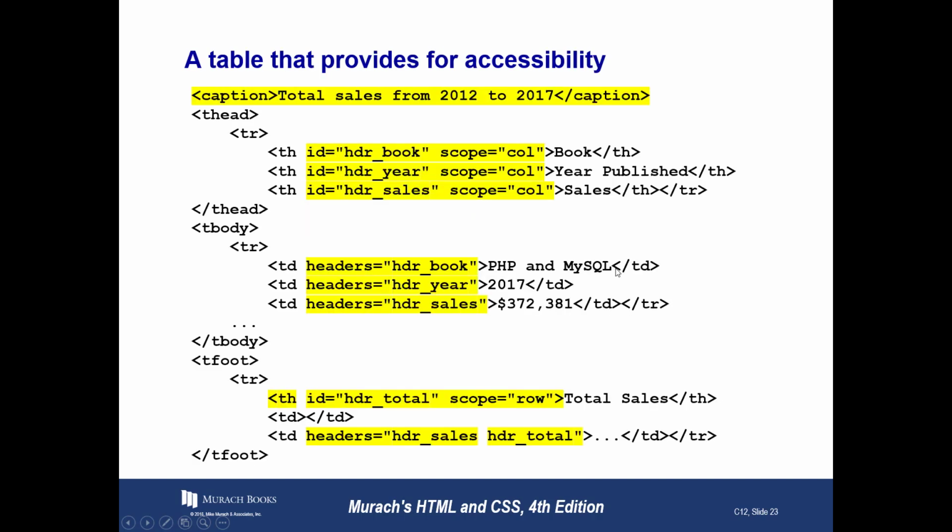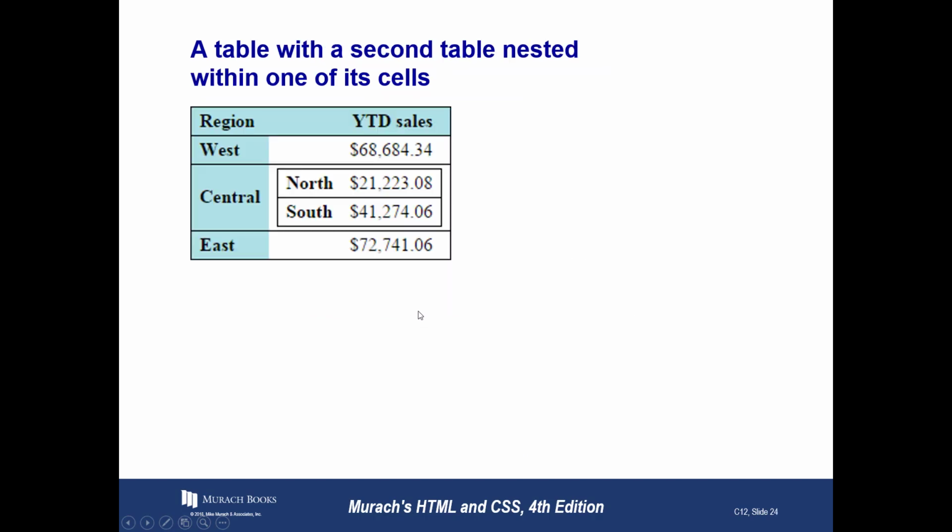Here is one for accessibility. So notice what they've done here. Not only have they added the thead and the tfoot, but they've got IDs added for the headers, and the scope saying it's columnar. They've got headers here. They've got it all set up.